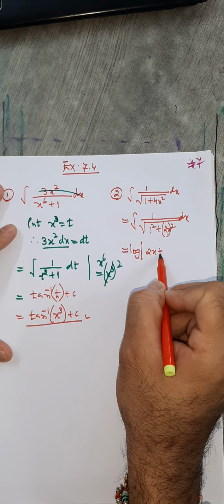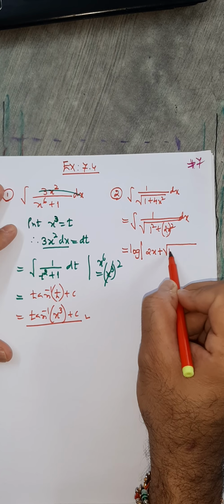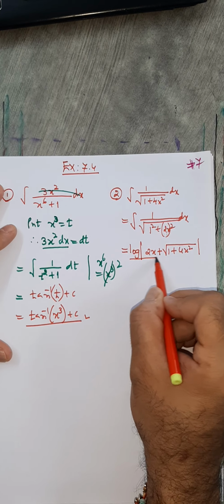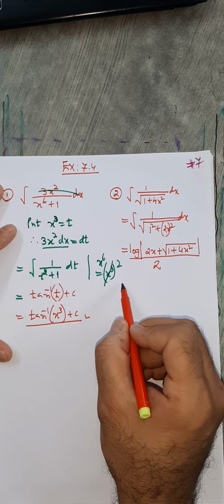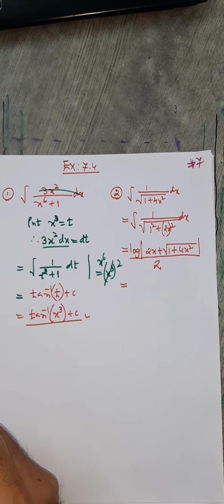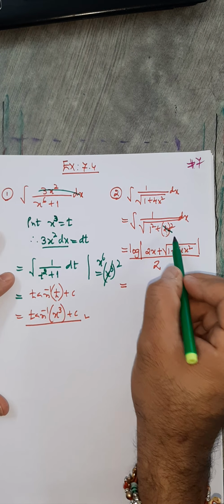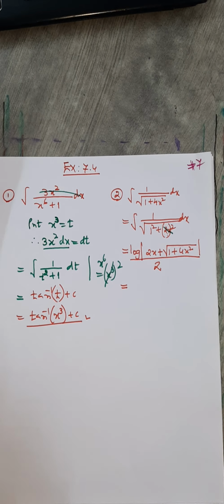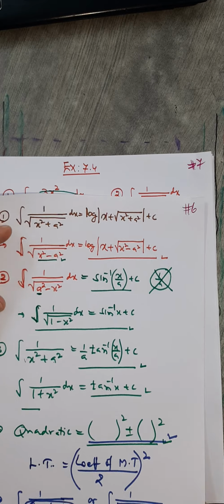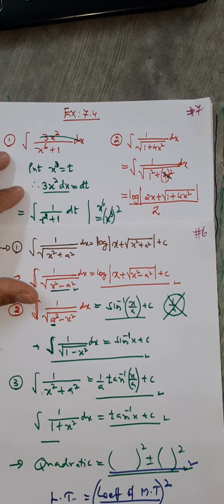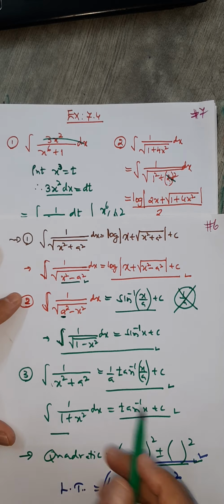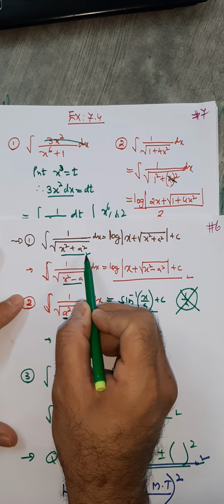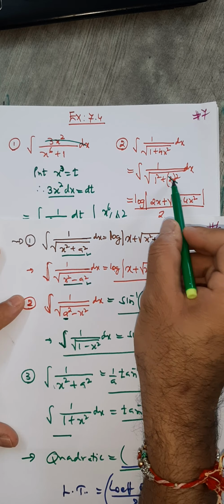x means 2x, plus the same expression, that is root of 1 plus 4x squared, upon the coefficient of x, which is 2. Remember, you had considered 2x as x, because we have the formula just for x only. We have used the first formula which I have stated here. So here, instead of x, you have 2x.